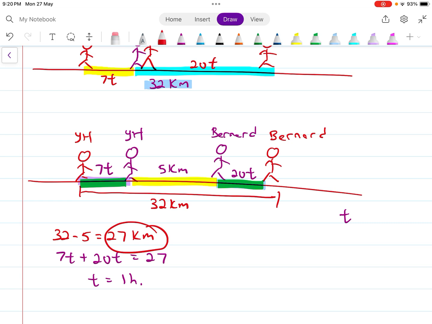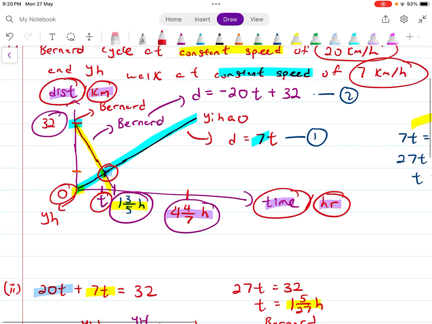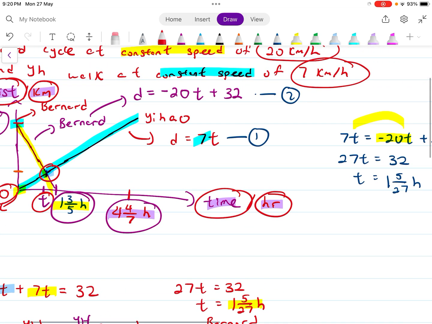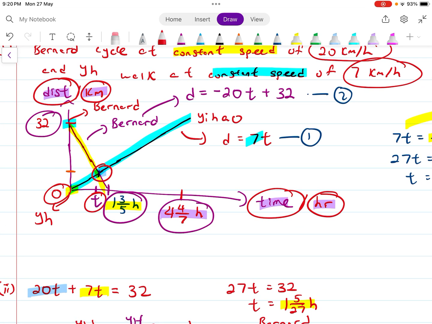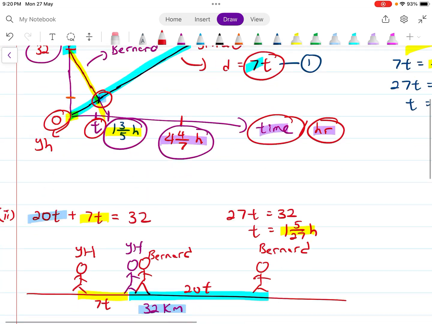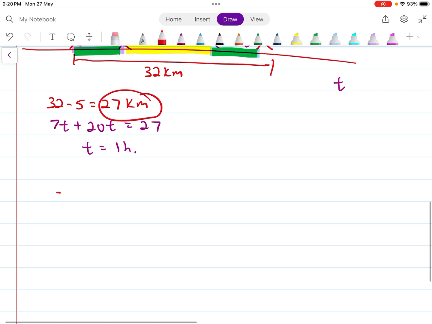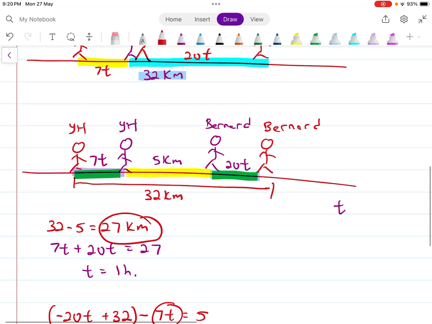Of course, I can also use the graph method, using the equations as I showed just now. You simply take this thing minus this thing to give you 5, then solve for t. So minus 20t plus 32, because this is Bernard's, then minus 7t, which is Yi Hao's, equals 5.